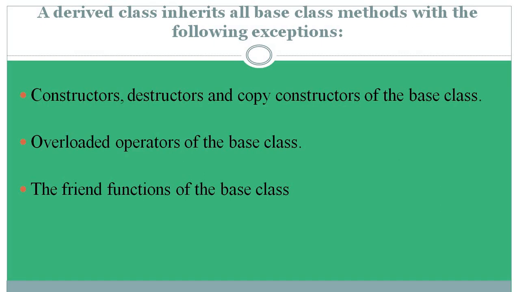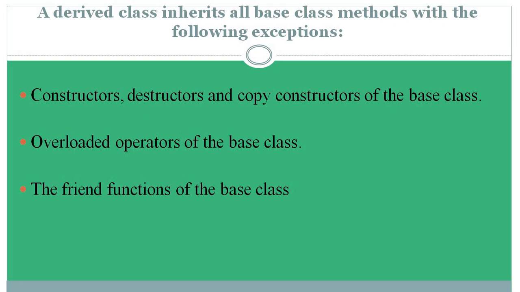Class inheritance definition. The access identifier defines how the derived class can access base class members. The access identifier can be public, private or protected.